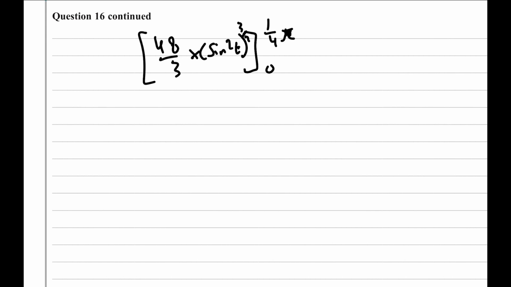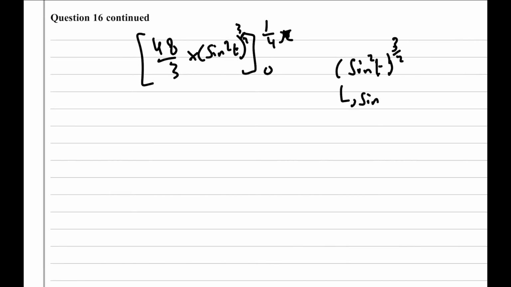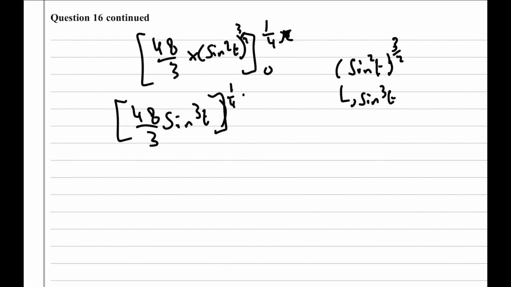Now sine squared t to the power of 3 over 2, right? So now we square root it and we cube it, so it's just going to be left as sine cube t. So it's going to be 48 over 3 sine cube t with the bounds 1 over 4 pi and 0.